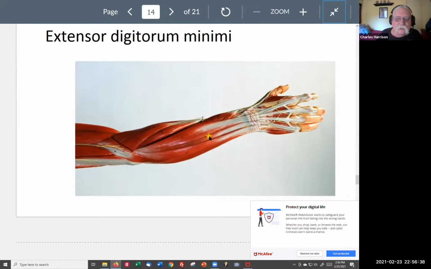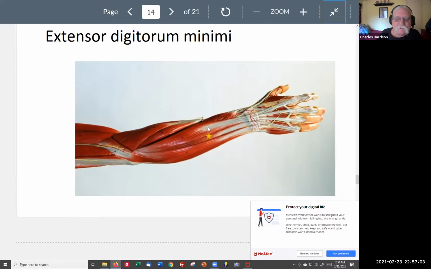Then coming up one to a smaller muscle, really isn't that small when you free it. This is the extensor digitorum minimi. It only goes to the little finger. It extends the little finger. We have a whole muscle for that.